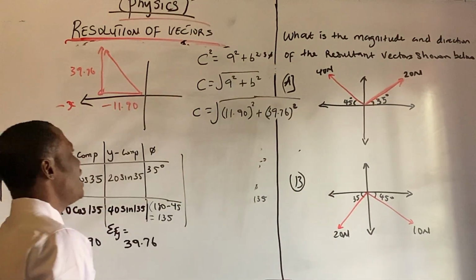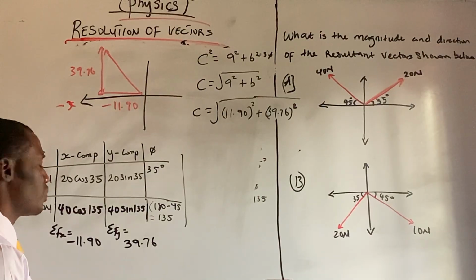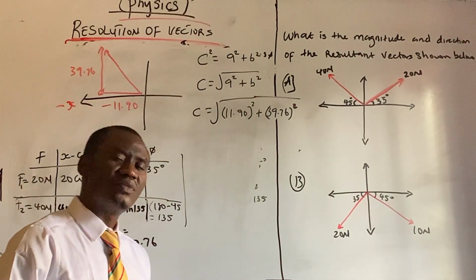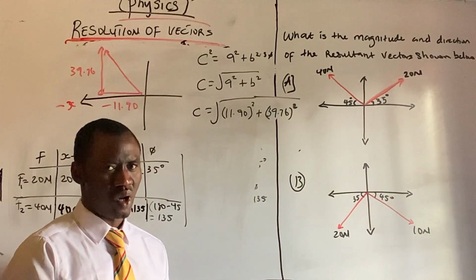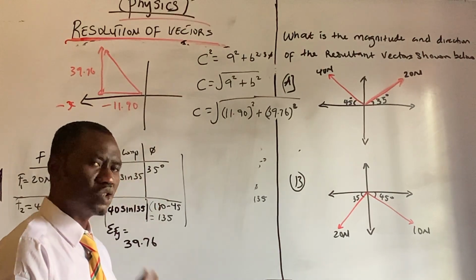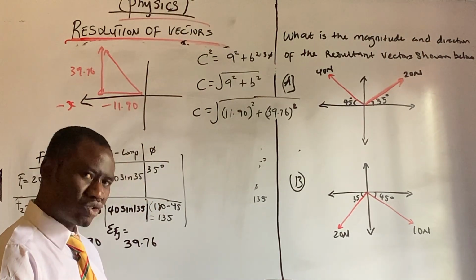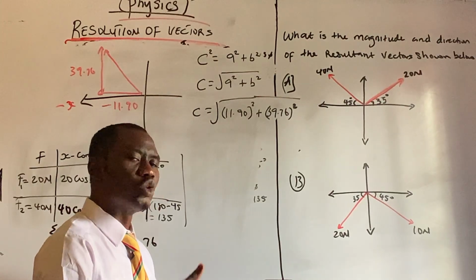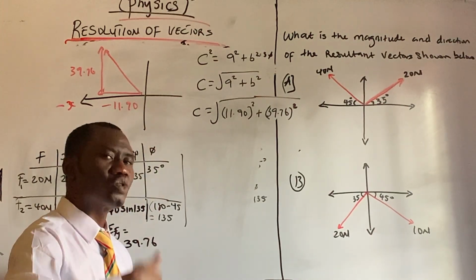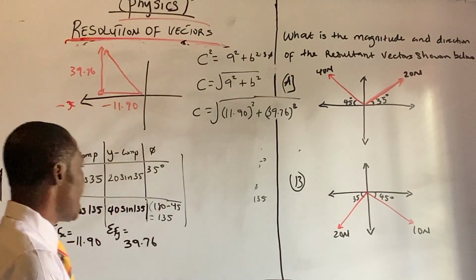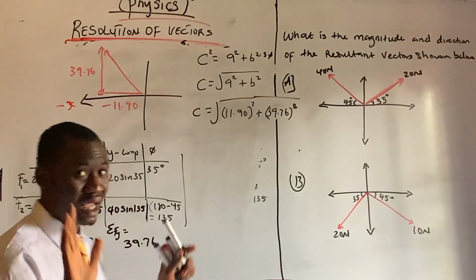You ask me, why did I drop the negative value? Well, minus times minus is plus. When you say 2 raised to the power of 2, it's just like saying 2 times 2. When you say minus 2 raised to the power of 2, it's like saying minus 2 times minus 2. That's why I didn't bother putting the negative sign, okay?